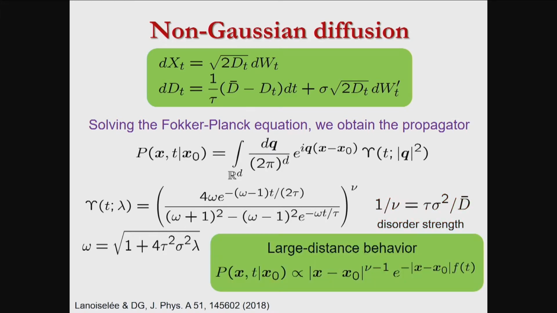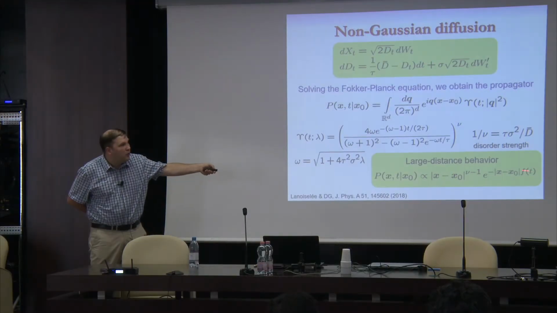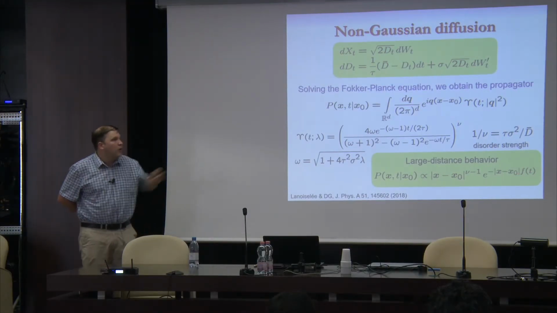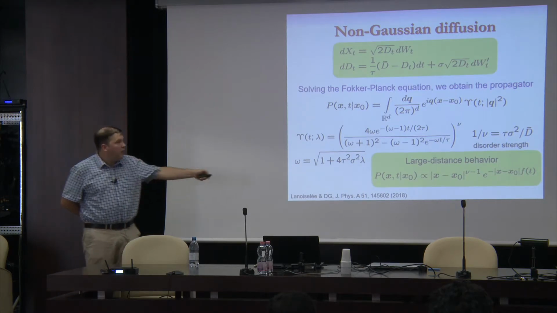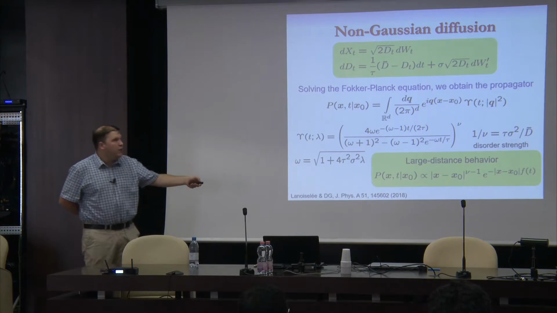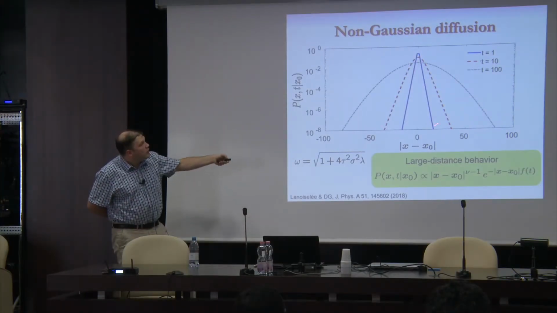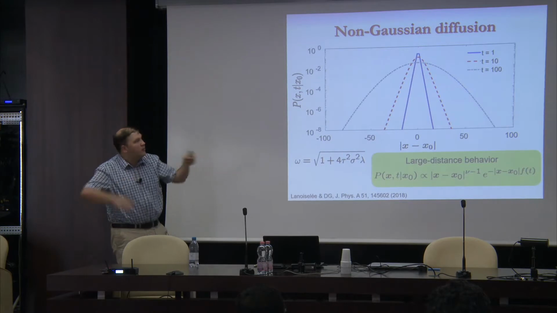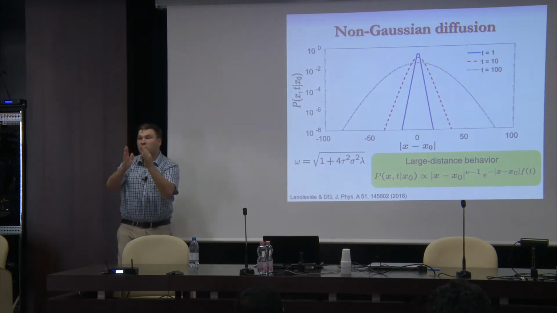So in particular, one can show that the large distance behavior of the propagator has this form. So you have exponential decay with some explicitly computed function f of t and some power law correction. So due to disorder, you change from the Gaussian behavior to this exponential decay. And just to illustrate it, this is one particular example. At different times, so at smaller times, you have your propagator, which is narrower.